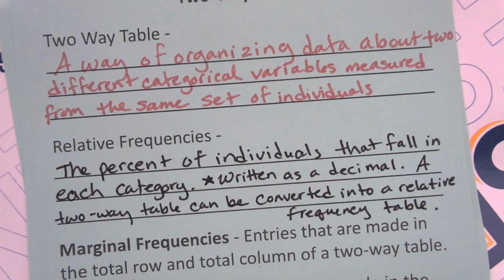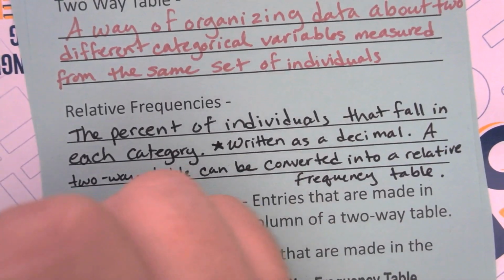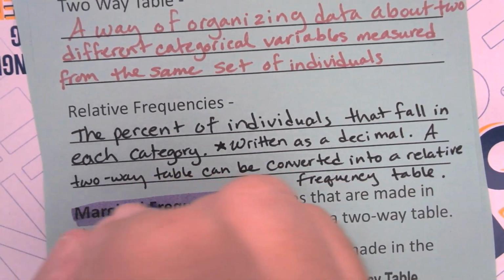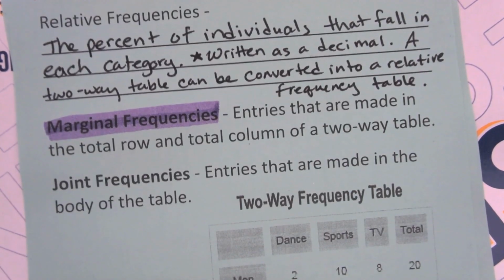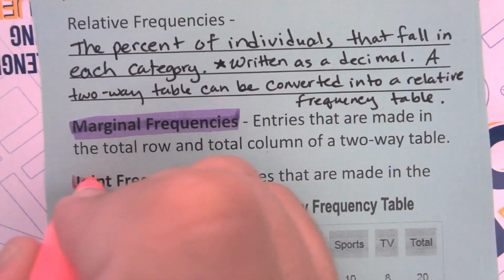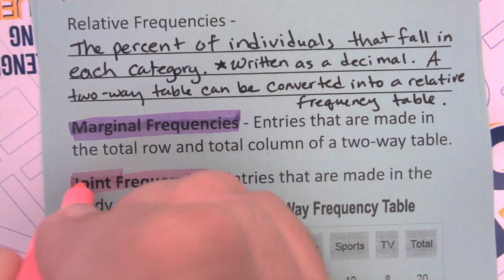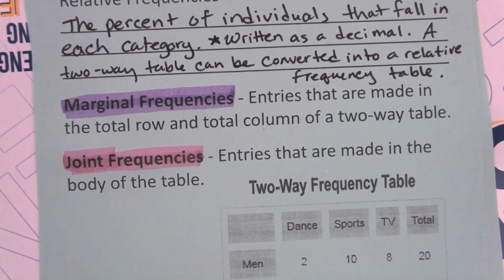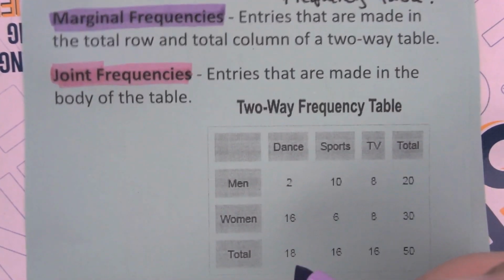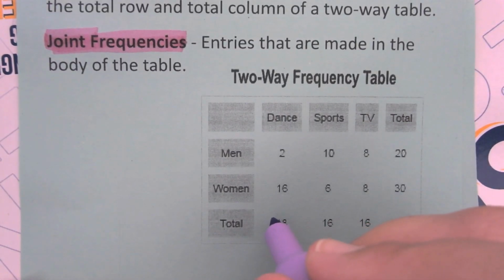You need to grab two different color highlighters. One, you're going to highlight the word marginal frequency, and the other one you're going to highlight joint frequencies. And we're going to highlight where both of those are found in the table so you can see a good visual representation of those. Marginal frequencies are entries that are made in the total row and total column of the two-way table. So if we look at this table here, the total row is here.